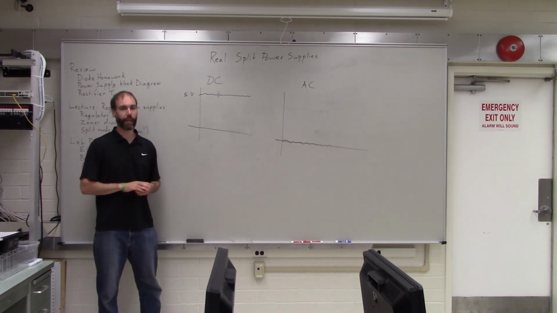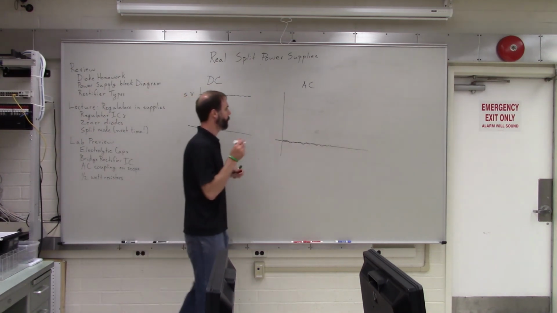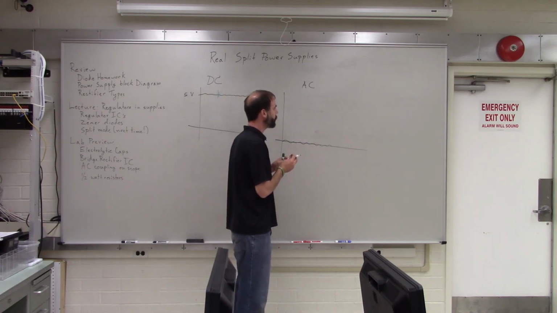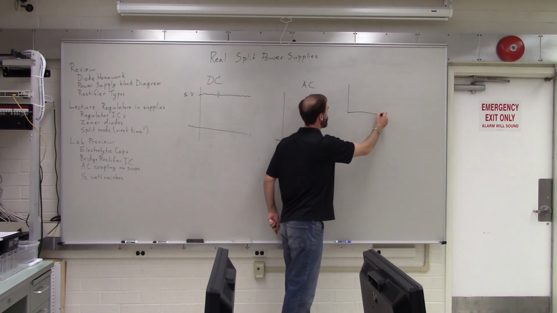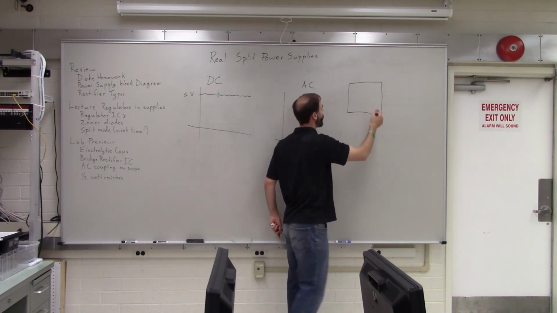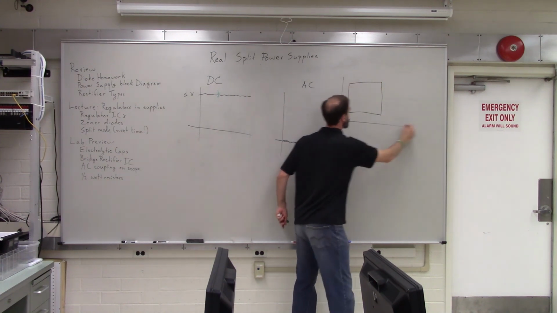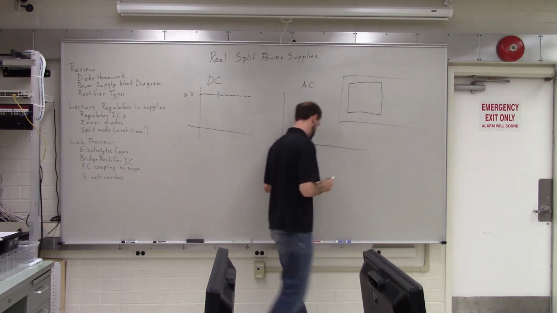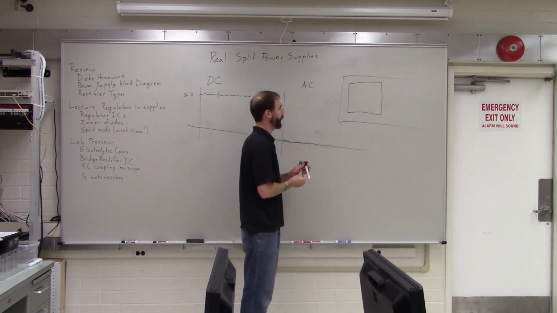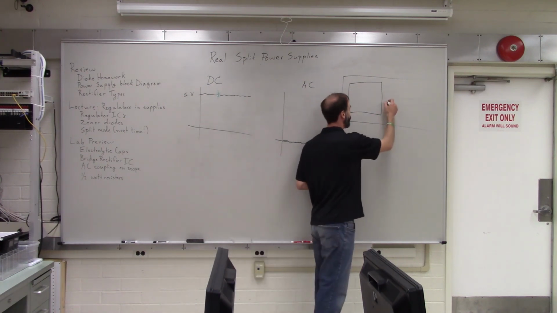So the way that you get to AC coupling on the scope is that if you're looking at the scope, you've got the main screen there, and then you've got the different channel buttons. So right here, it says channel 1, for instance.